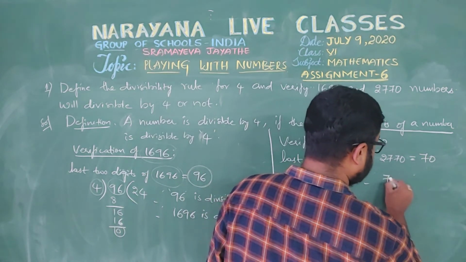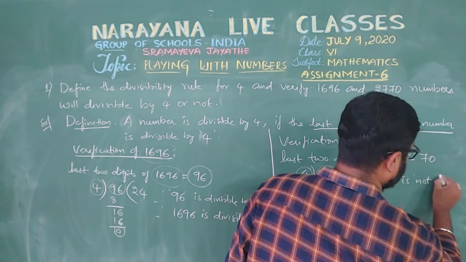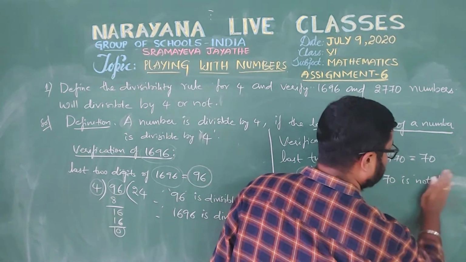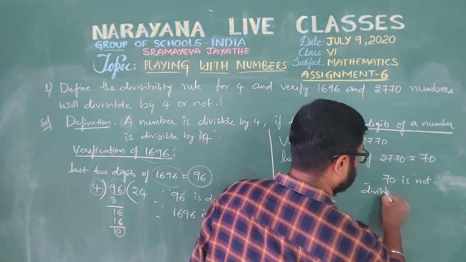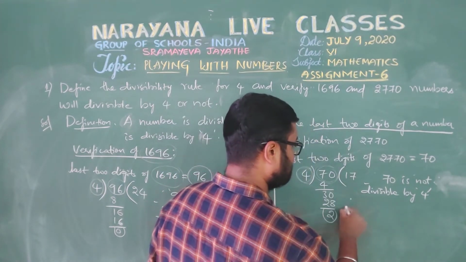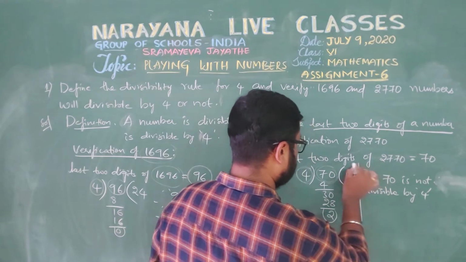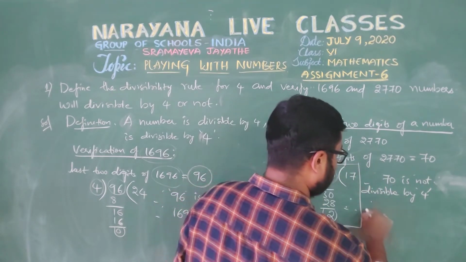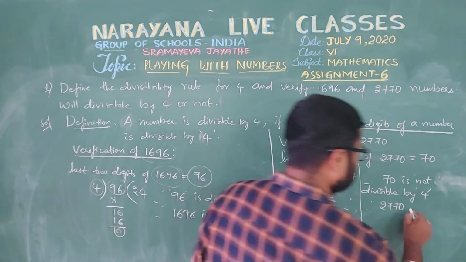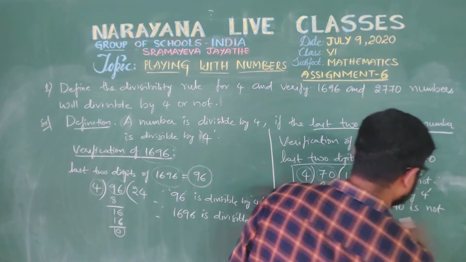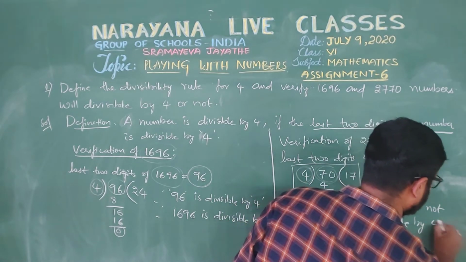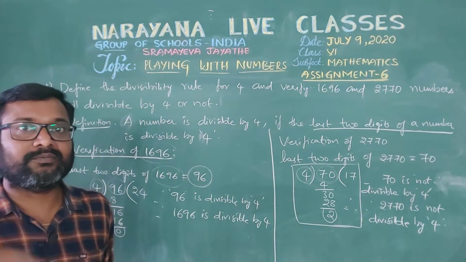Therefore, 70 is not divisible by 4. Therefore, we can say that the given number 2770 is also not divisible by 4.